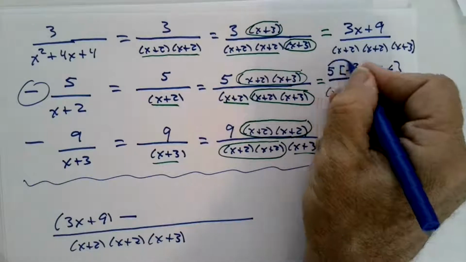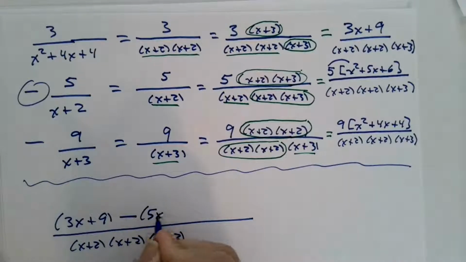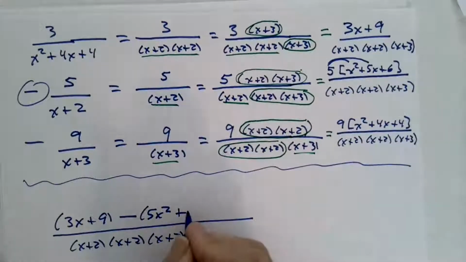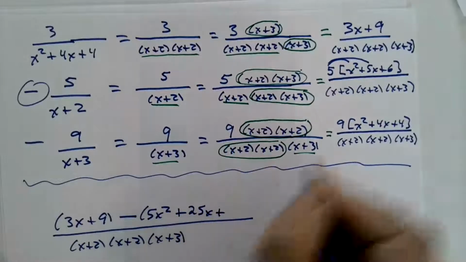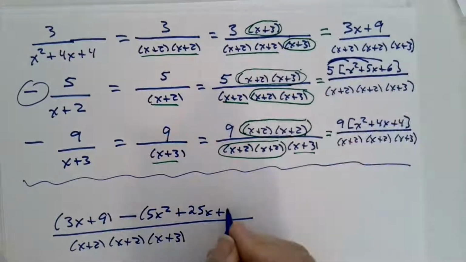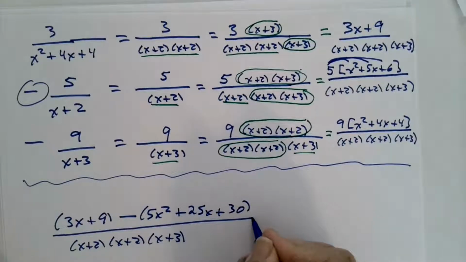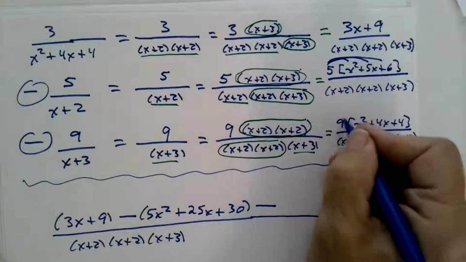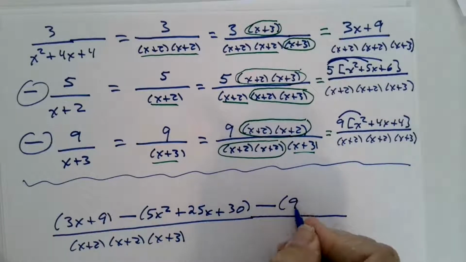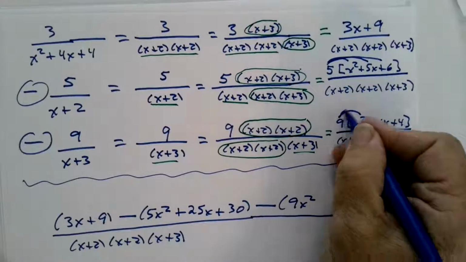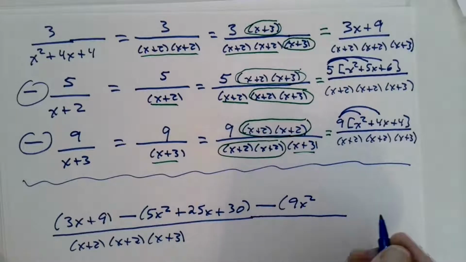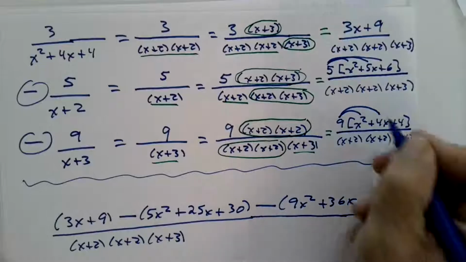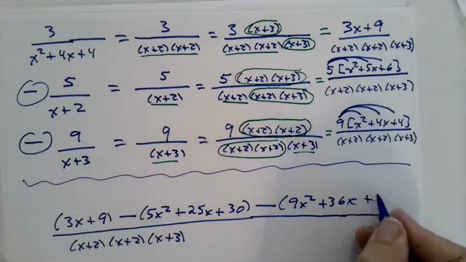Let's distribute that. 5 times x squared is 5x squared plus 5 times 5x is 25x plus 5 times 6 is 30, minus, again, 9 times x squared is 9x squared. 9 times 4x is 36x plus 9 times 4 is 36.